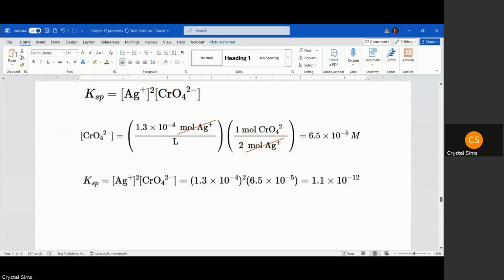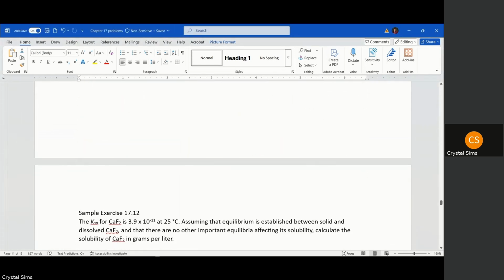So let's look at exercise 17.12, where we're going to calculate our solubility from KSP. As we saw, the KSP for CaF2 is 3.9 times 10 to the negative 11.